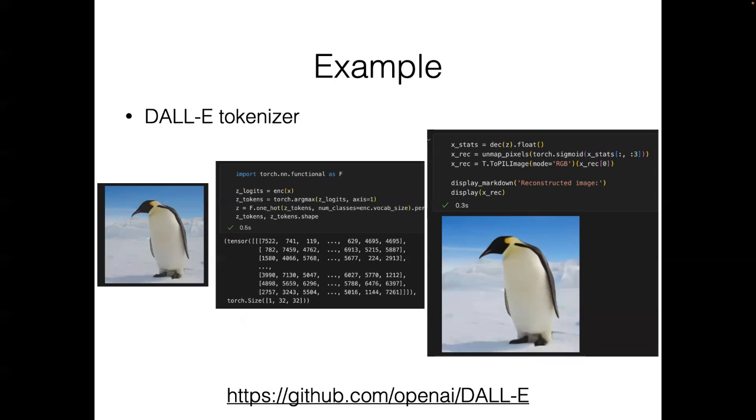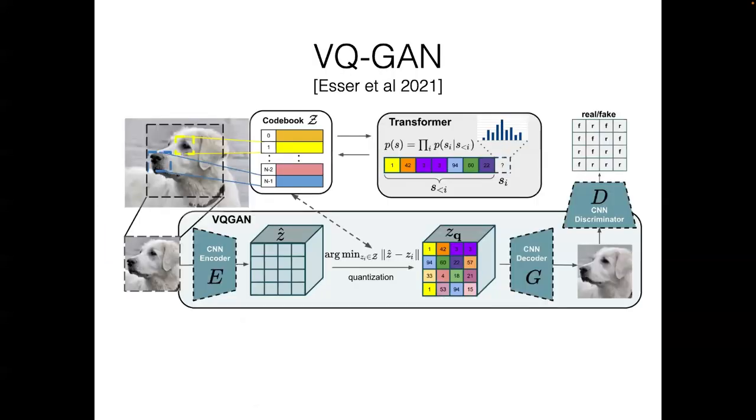People also reformulated this as a GAN instead of a VAE. Here you again have basically the same concept.